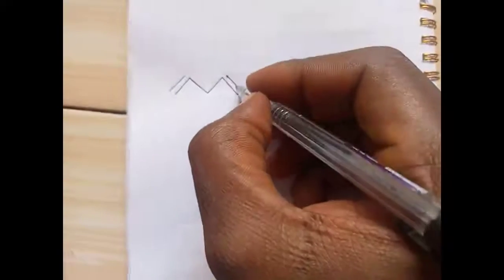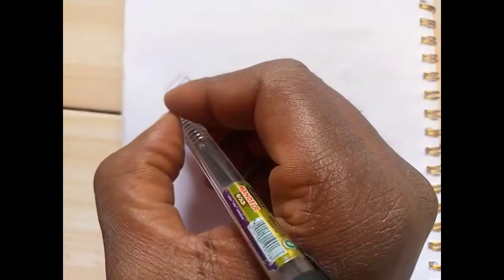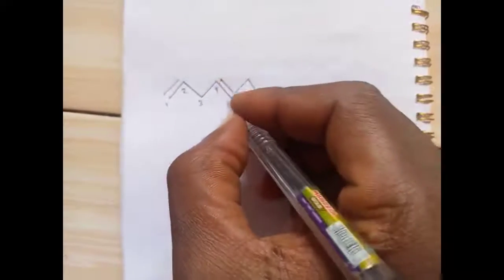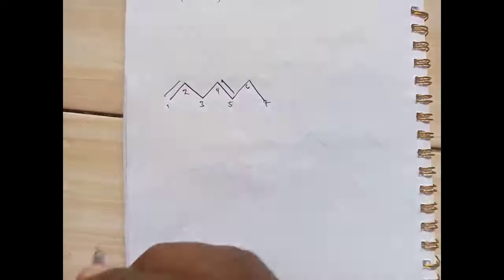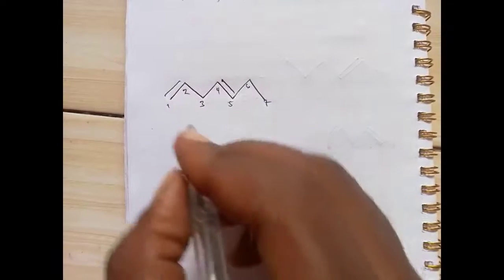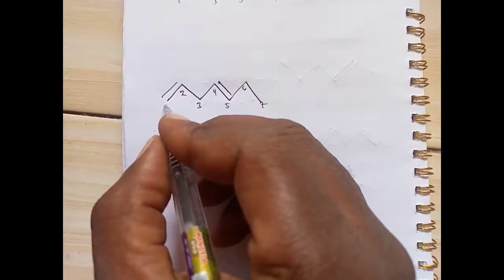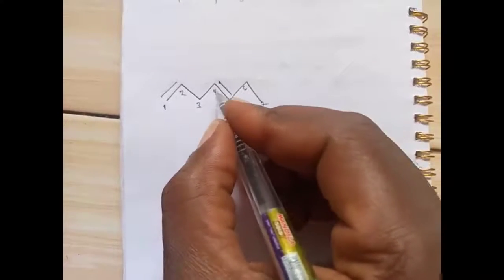Another example, let's look at this molecule. Where should we number from? Okay, let's start from both sides. Let's start from the left first. If we number from left, we're going to have that the double bond occurs at 1 and 4.